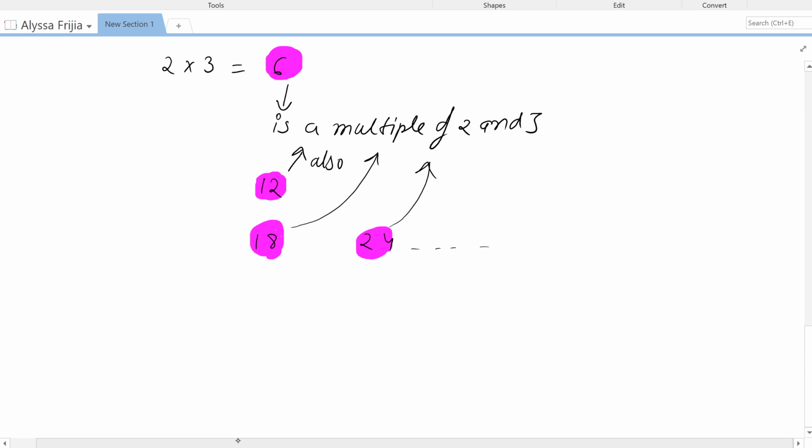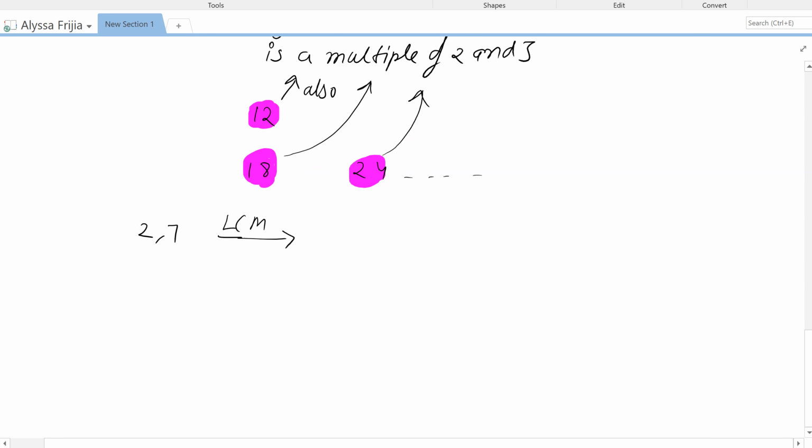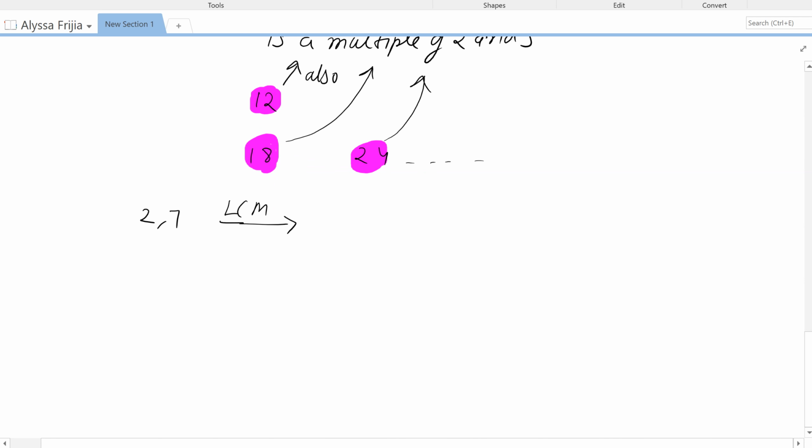How about 2 and 7? What is the LCM of 2 and 7? Least common multiple for 2 and 7. Let's see.